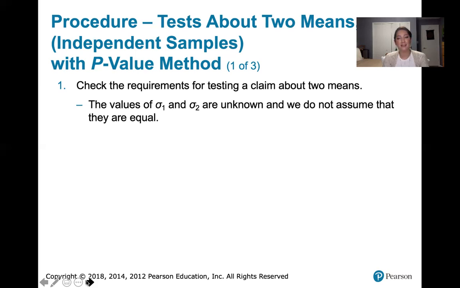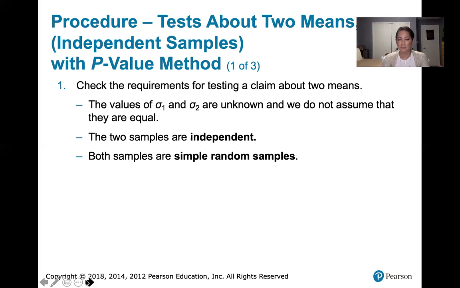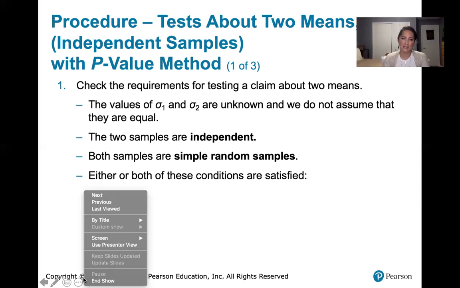But for the methods of this section, or at least for the beginning of this section, we're assuming that those two standard deviations are unknown, and we have no reason to assume that they're equal to each other. Our samples need to be independent, and they need to be simple random samples for these methods to apply. And then the last condition is this.